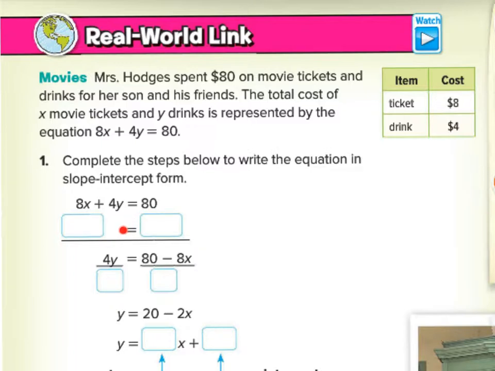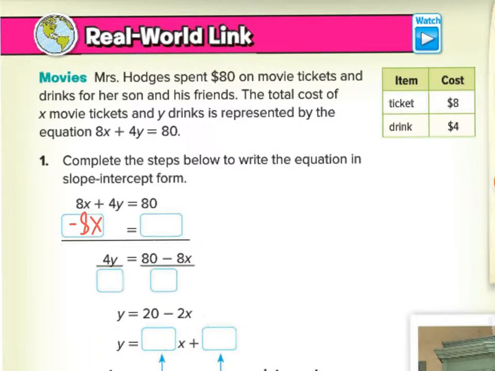So how should we start? Well, let's see if we can manipulate this so that we can write it in slope-intercept form, where y equals the slope plus our y-intercept. So how would we do it? We need to isolate the y on this side. Let's start by subtracting the 8x.